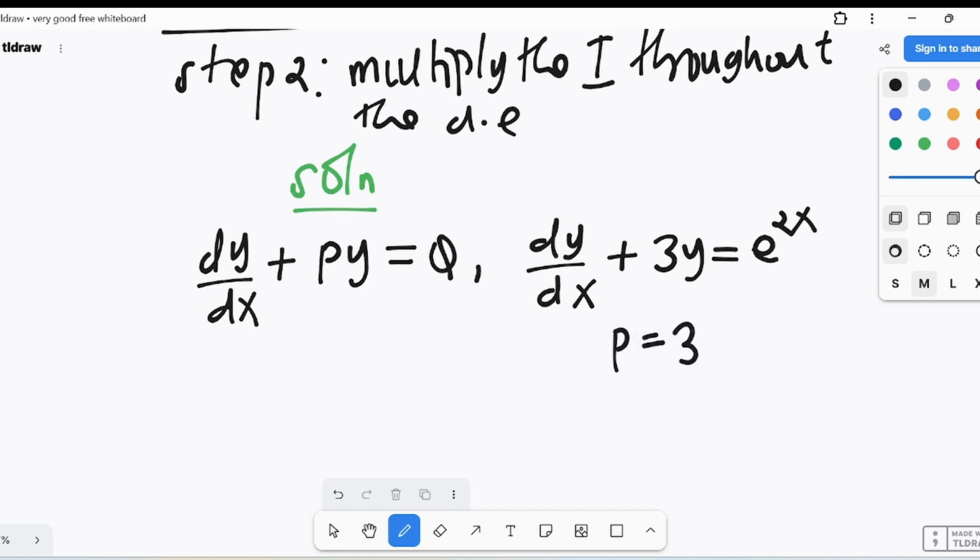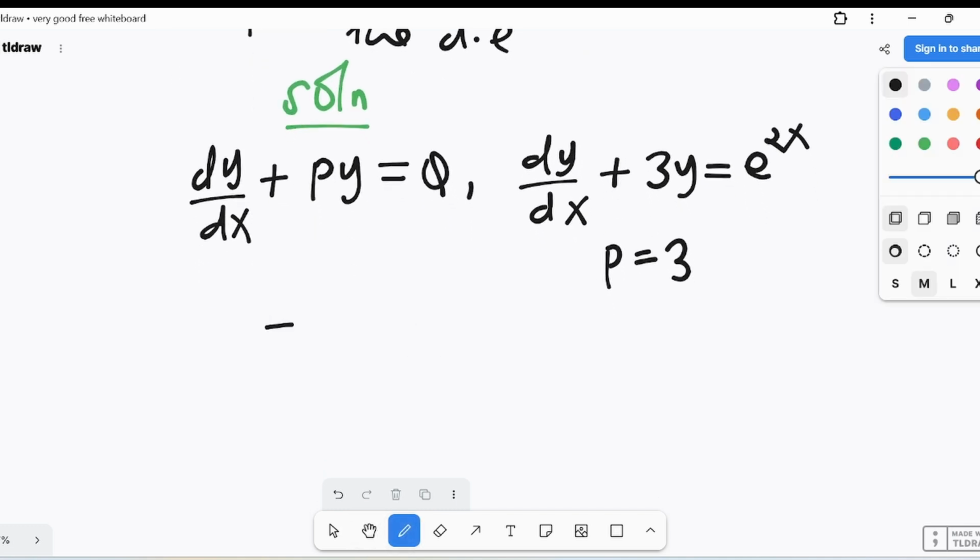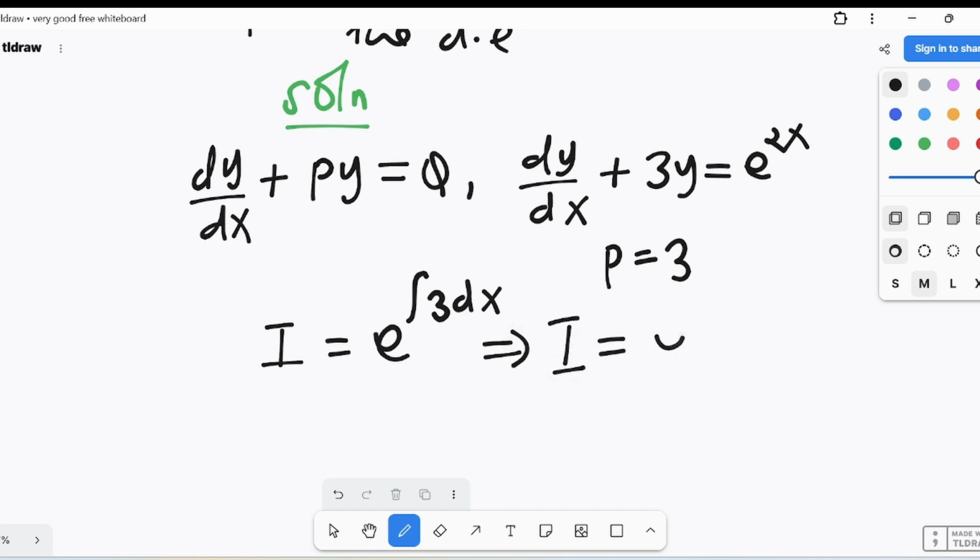So we go ahead to get the integrating factor I, which is the exponential of the integral of 3 dx, which gives us I as e of 3x. After getting 3x, we don't add plus c there, because it is scientifically proven that you don't need to add c there.